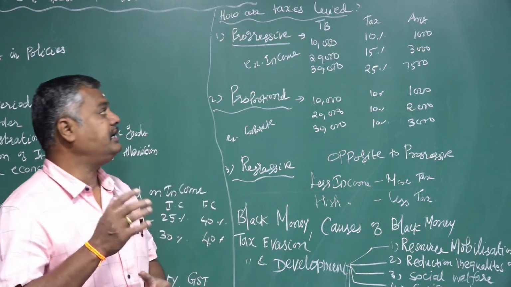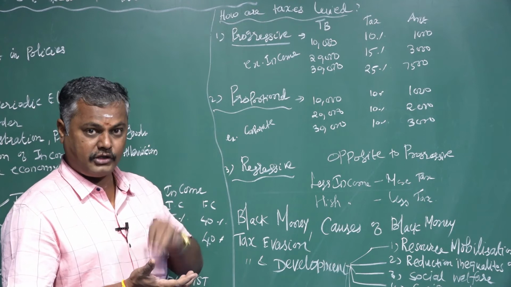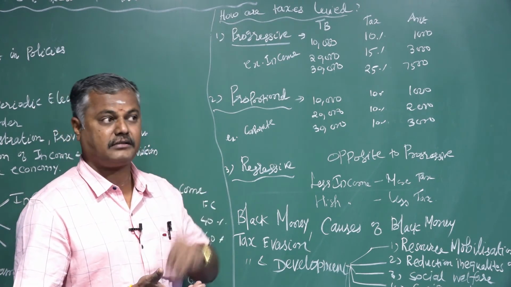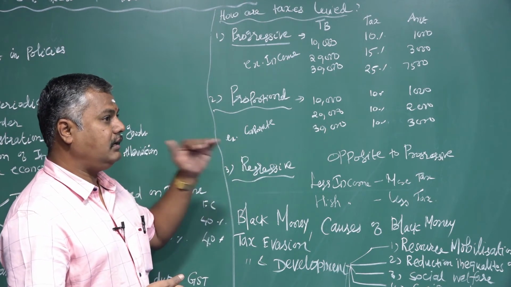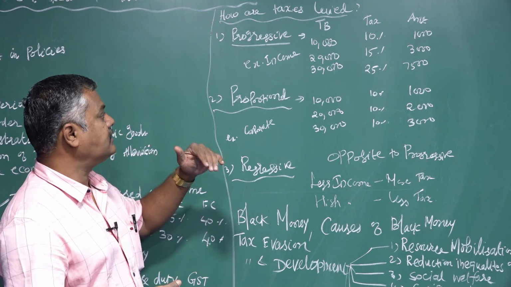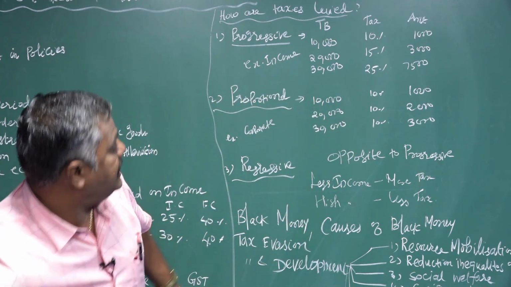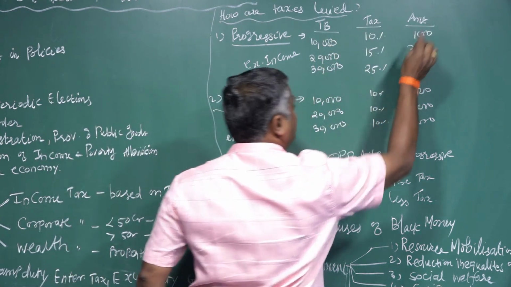Progressive tax. What is the meaning of progressive tax? If the income increases in the progressive tax, the tax rate also increases. In the case of progressive, when the income increases, then the tax also increases. See here, I have given a table: the tax base, the tax rate, and the tax amount.